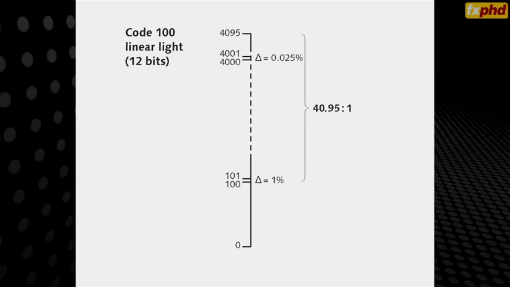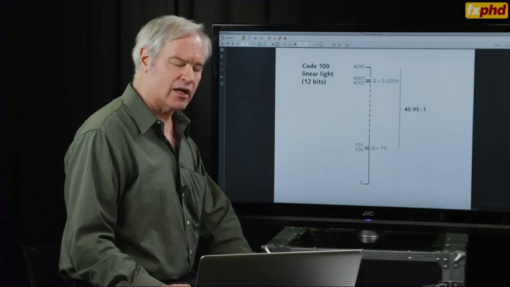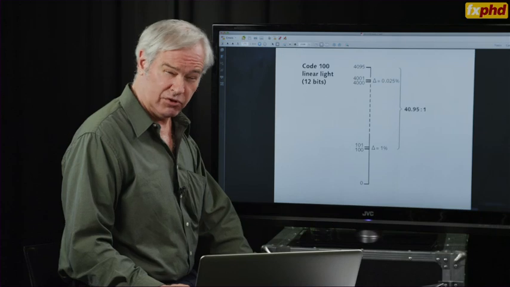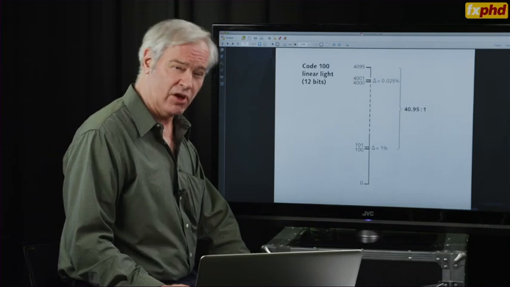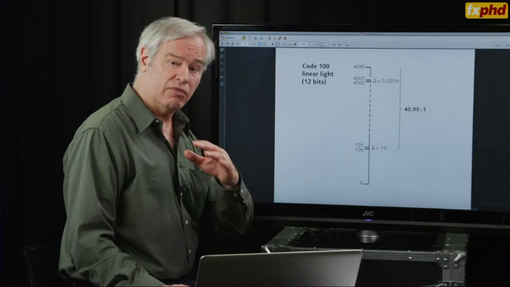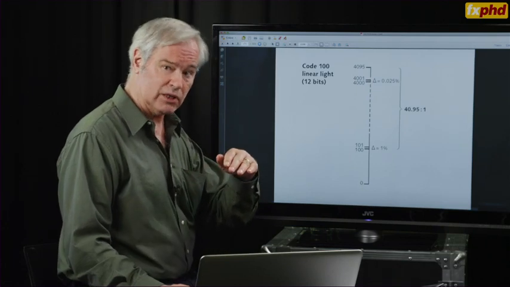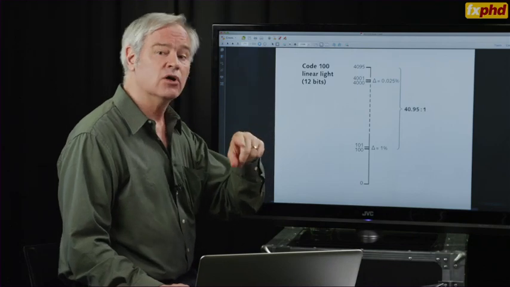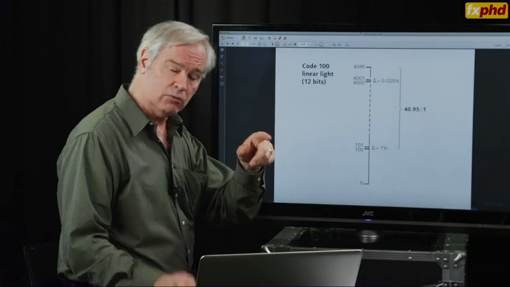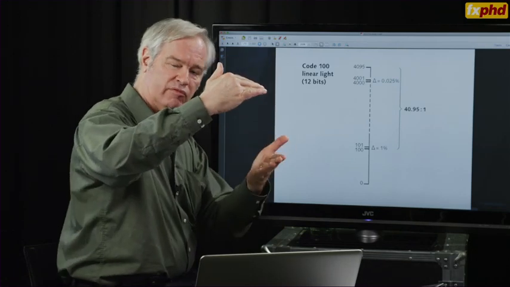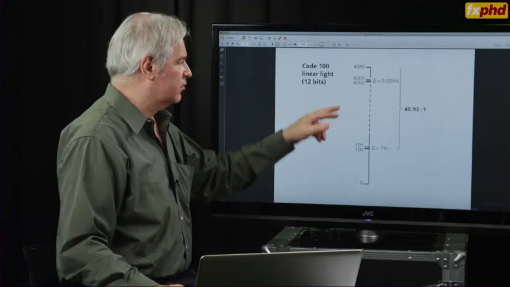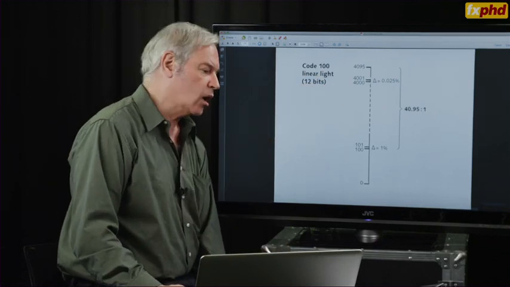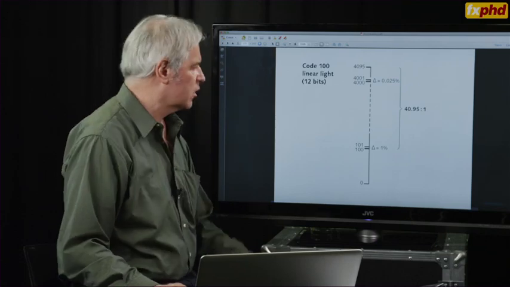And that is so low, nobody would ever in a zillion years be able to see it. In fact, the human observer will not be able to see 4002, 4003, 4004, 4005, 4006. Those codes are all perceptually useless until you get about code 4040, which is now up 1% from code 4000. So those 39 codes in the middle are useless perceptually.